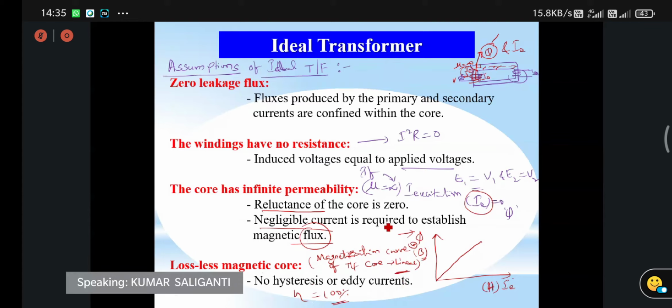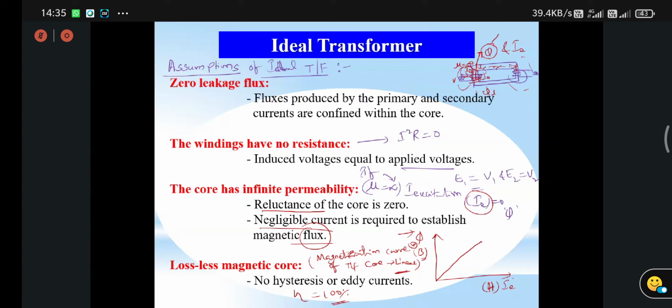The leakage flux links with only one winding, not both. This leakage flux is not linked with the secondary winding. The flux will be leakage only with respect to that winding, the primary as well as the secondary winding.